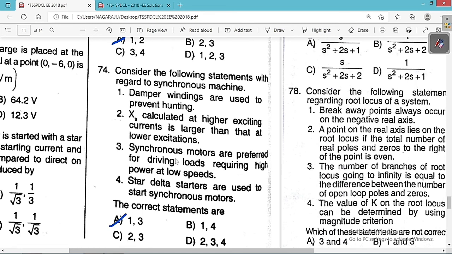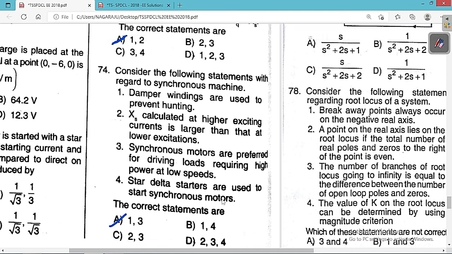At low speeds we use a synchronous motor, and for high speed applications we go for the induction motor. That is the reason induction motors are more popular than synchronous motors. Star delta starters are used for induction motors but not for synchronous motors. For synchronous motors we use damper windings for starting, and there are 2 other methods: the auxiliary motor or the pony motor.